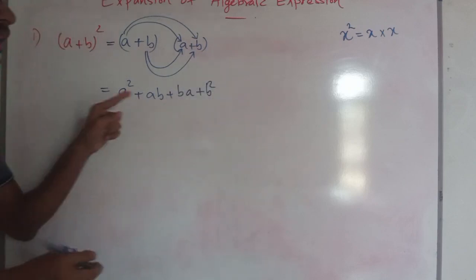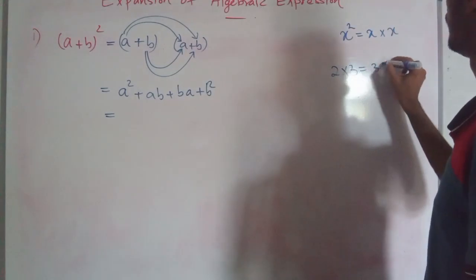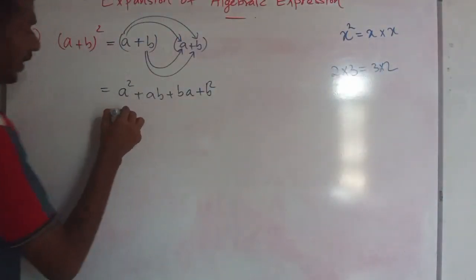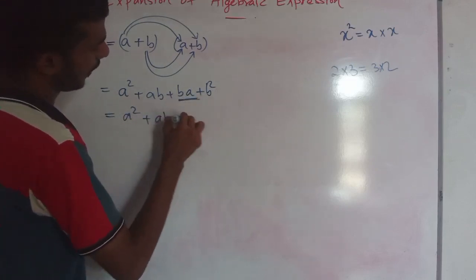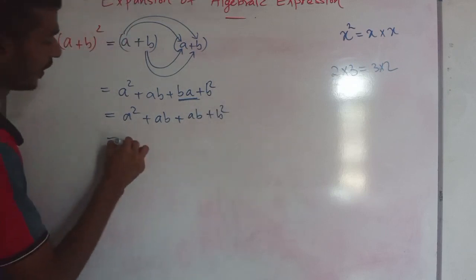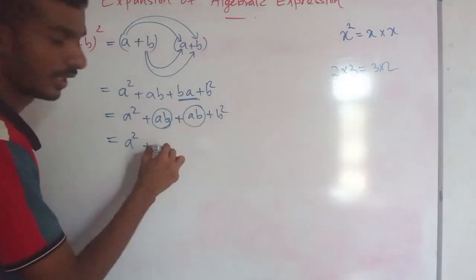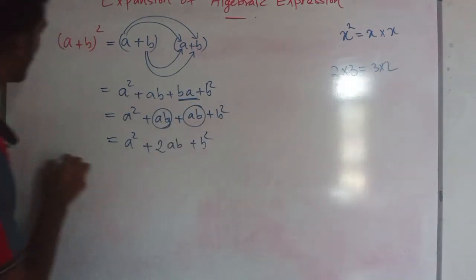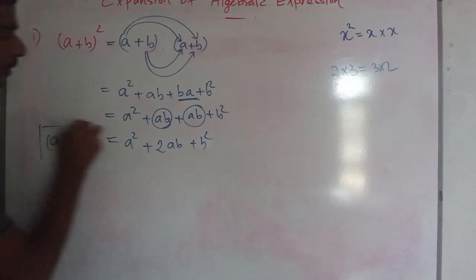Now you see 2 into 3 is equal to 3 into 2, right? Likewise we can write a squared plus ab, and this ba can be written as ab, plus b squared. Now we have a squared plus one ab and another ab, so we have two ab's, plus b squared. So the expansion of (a + b) squared is equal to this.